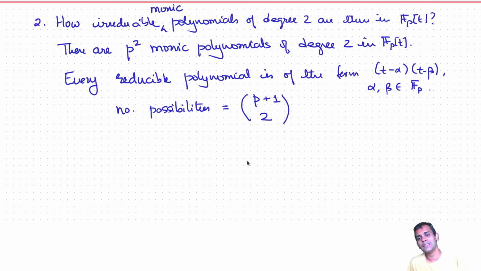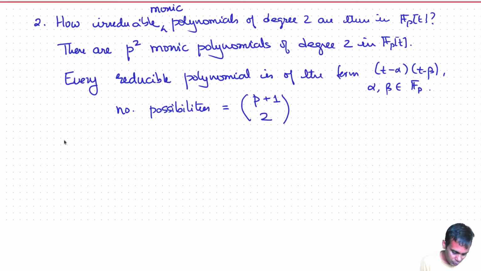Another way to see this is, if they have to be distinct, then you get p choose 2 possibilities for alpha and beta, and if they have to be the same, then you get p possibilities for alpha, which is repeated root 2 times. So it's p choose 2 plus p, which is the same as p plus 1 choose 2.